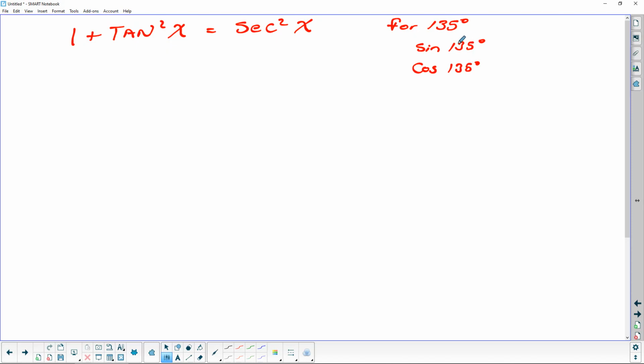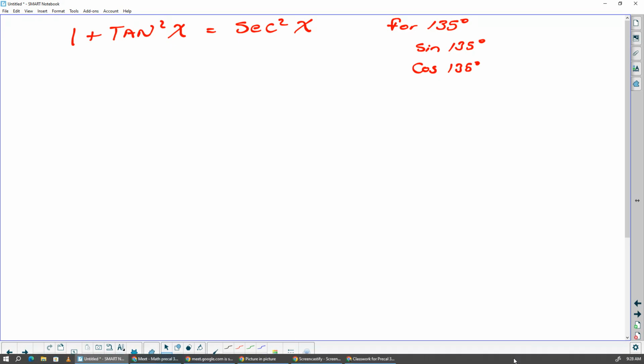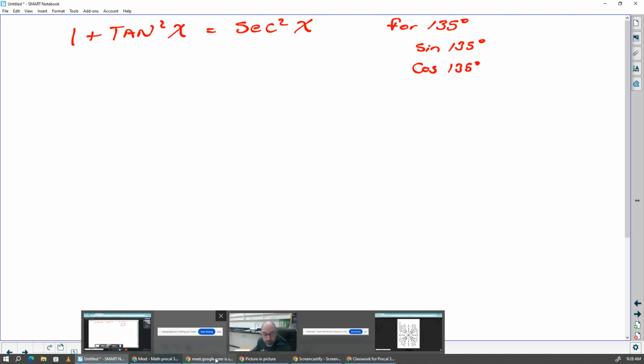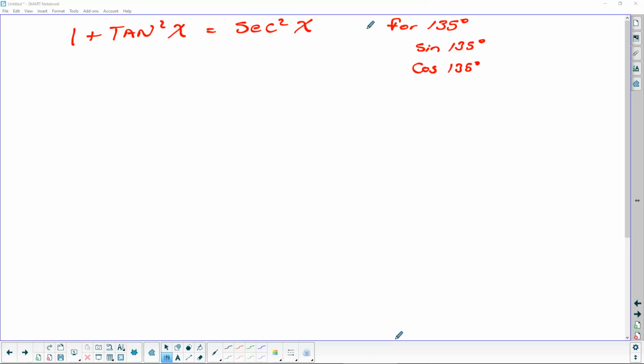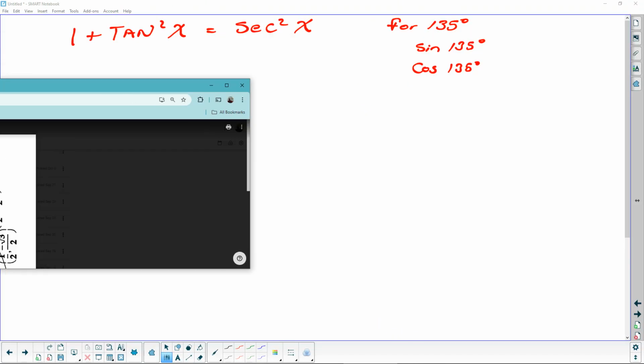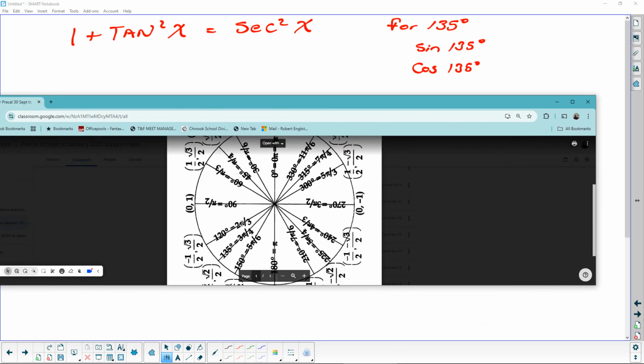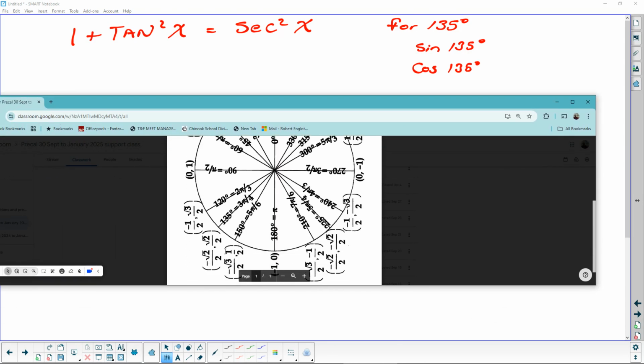Okay, so I just got to find my unit circle here again. There it is. Okay, let me slide this over so we can see it. Okay, so 135 is right here, and one is negative root 2 over 2, and the other one is root 2 over 2.